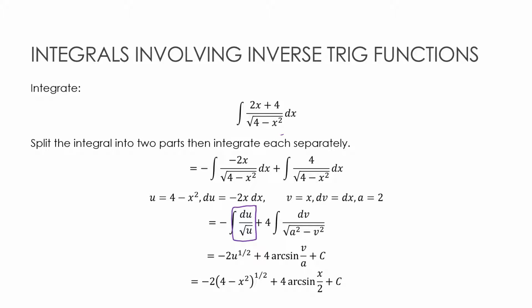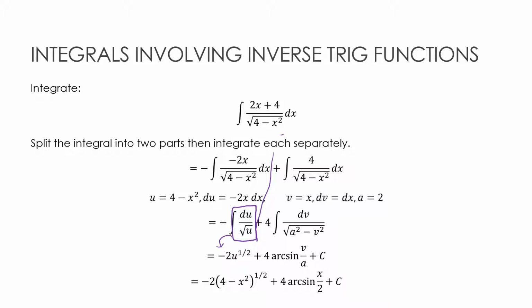So I didn't have to use any inverse trig functions on this one because it actually didn't fit any of the patterns. I said u is the whole thing, 4 minus x squared. The derivative of that is negative 2x, so really I can rewrite the first one as 1 over radical u, or u to the negative 1/2 du. So because that works, then when I integrate, I'm just doing normal integration.